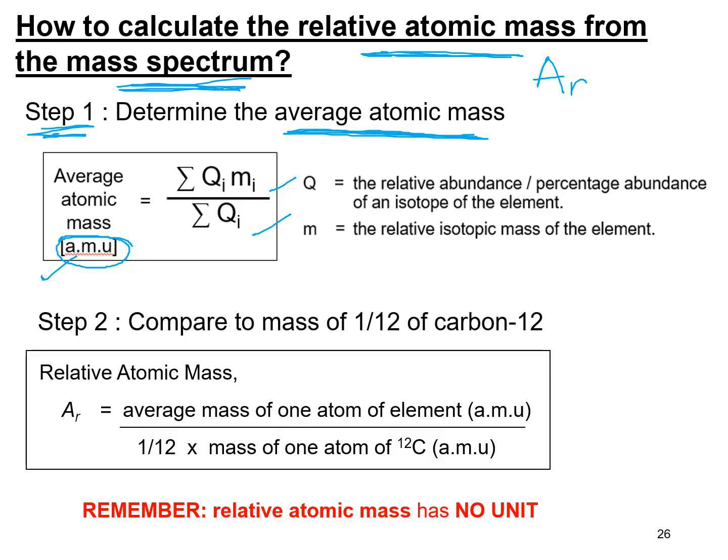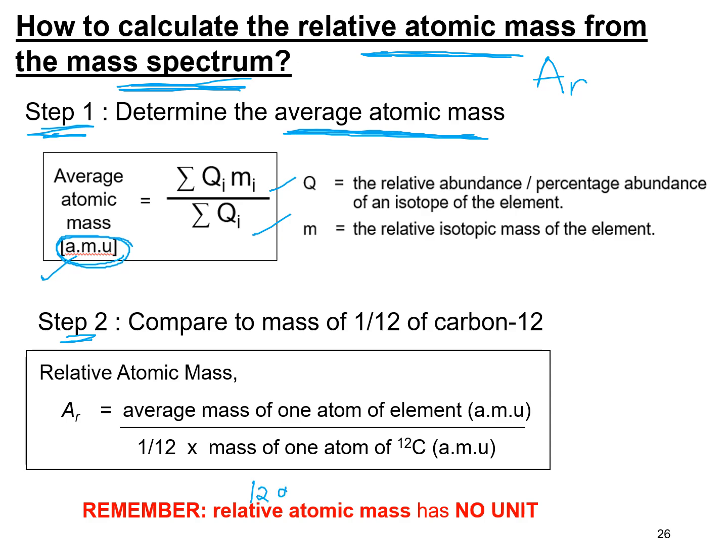Once you dah dapat atomic mass unit ni, dan step yang kedua, you need to compare it to the mass of 1/12 of carbon-12 atom. Okay, so you tahu kan Ar is supposed to average mass of one atom of element bagikan dengan 1/12 kalikan dengan mass of carbon-12.